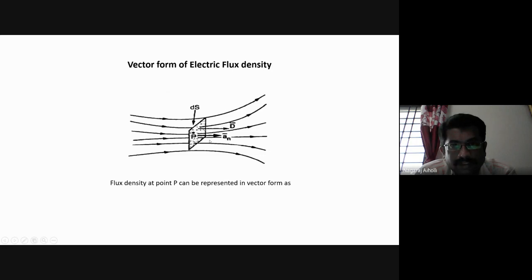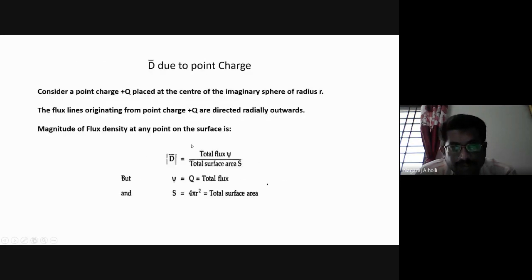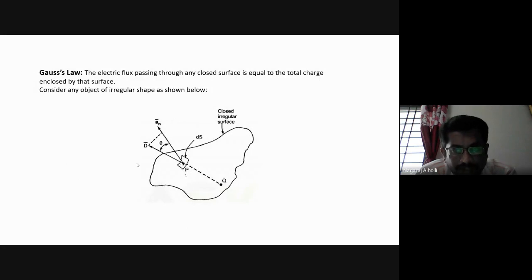Let us consider it as theta. This an bar is the adjacent component, D bar to an bar is the opposite component, and P to D bar is our hypotenuse. Remember this.